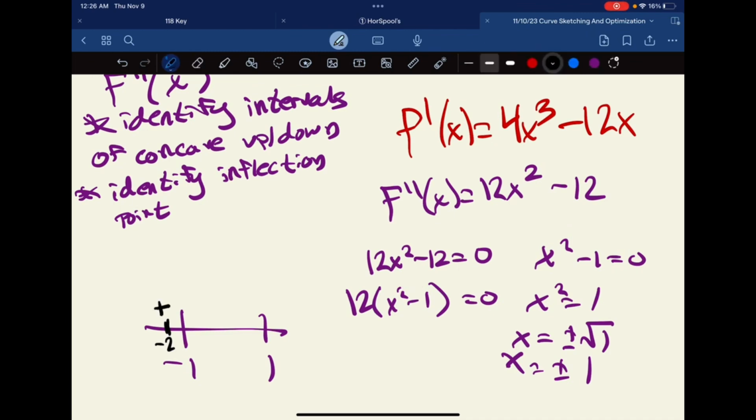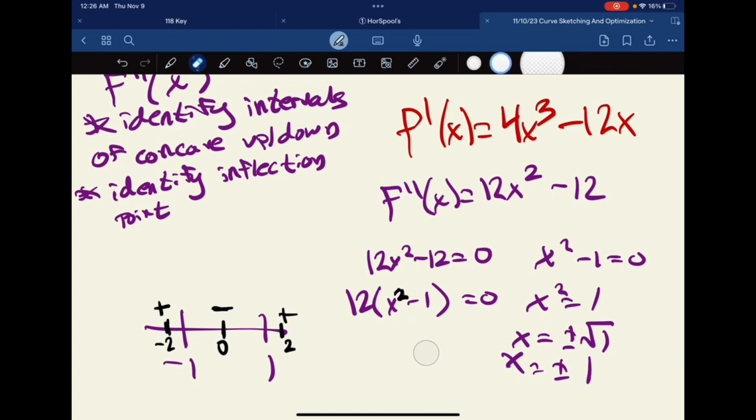Then, if we plug in something between -1 and 1, say we plug in 0, we get 0 minus 1, which is -1. So that's a negative. So then our whole thing is negative. And if we plug in something to the right of 1, say we plug in 2, then in here we're going to get 4 minus 1, which is going to be 3, and that's positive.